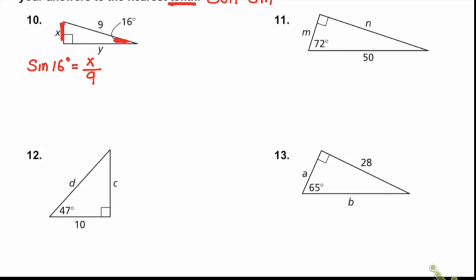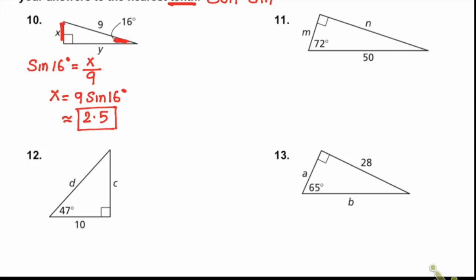Then you simplify it. You do cross multiplication or any method you like. I get x equal to 9 times sine of 16 degrees. When you solve it, you roughly get 2.5, to the nearest tenth.